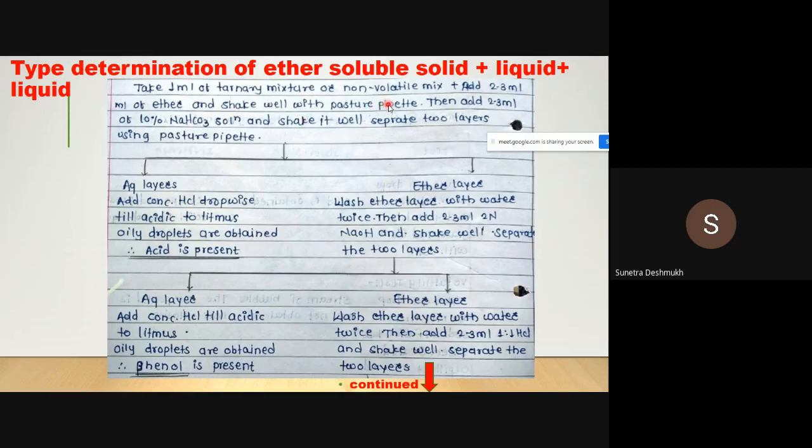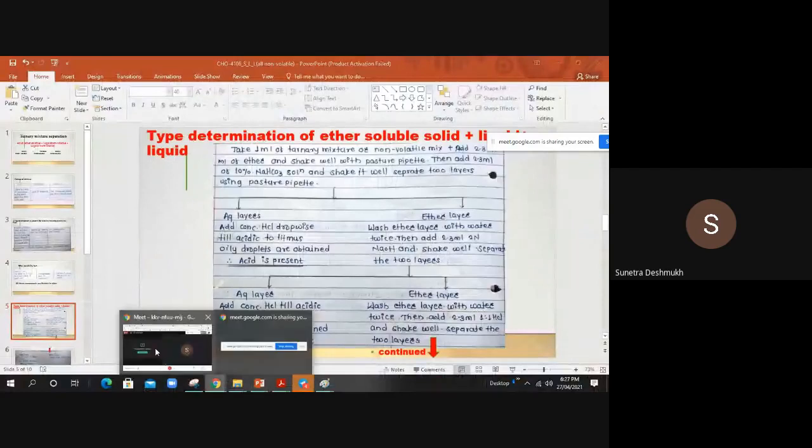So just ignore the pasteur pipette. Take this ternary mixture in the separating funnel, add 2 to 3 ml of ether, and shake it well, so that everything gets dissolved in ether. After that you will add 10% sodium bicarbonate. So one by one we will go for testing for acid, phenol, base and neutral. Okay, we'll see now how to do all these things one by one.